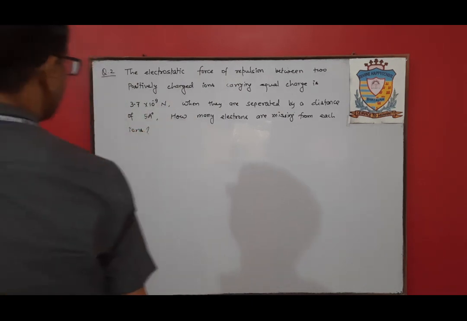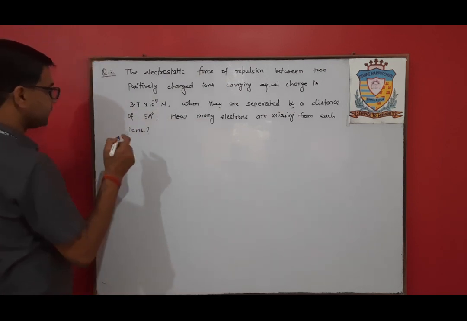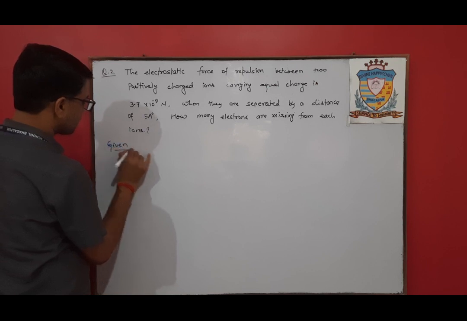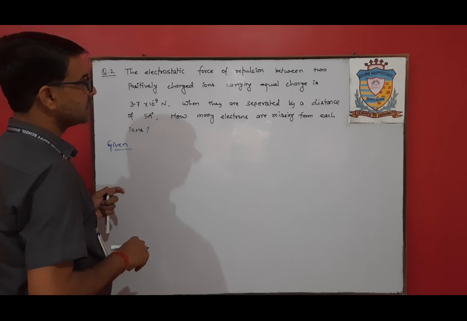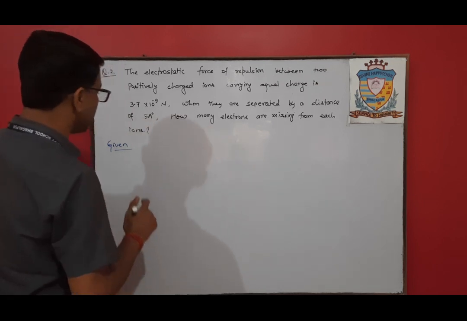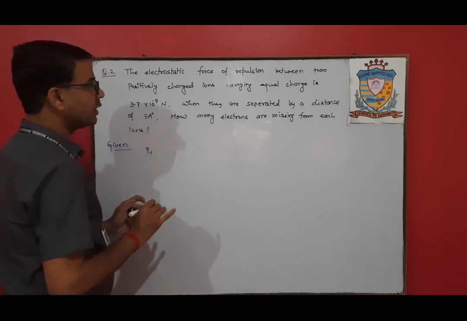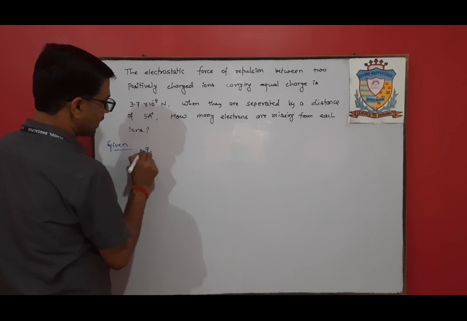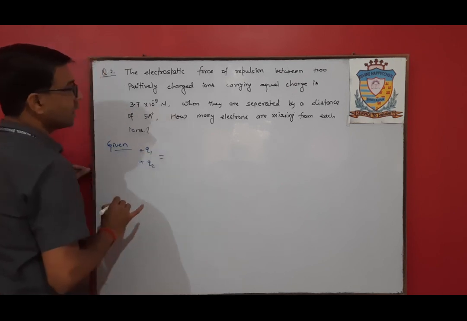Okay, so the given part is electrostatic force of repulsion between two positively charged, that means Q1 and Q2 having the same sign, both having the positive charge, plus Q1 and plus Q2, both are equal.